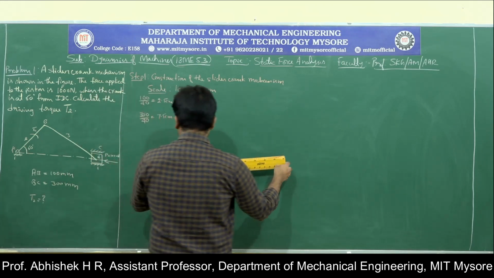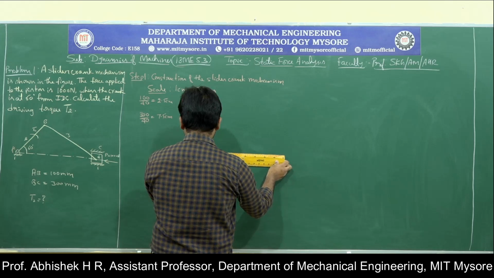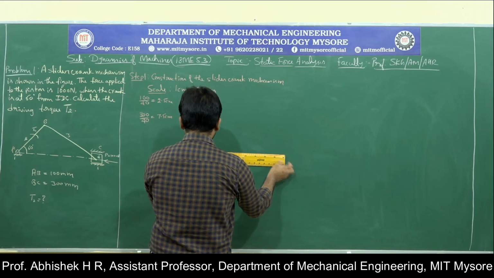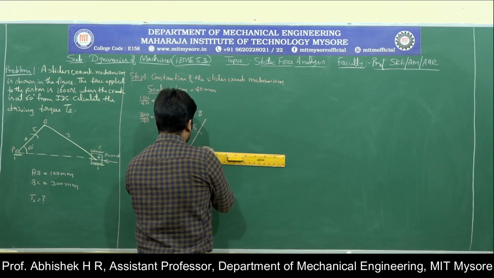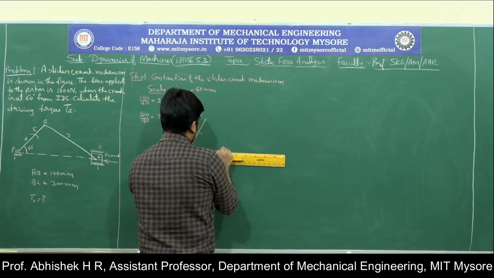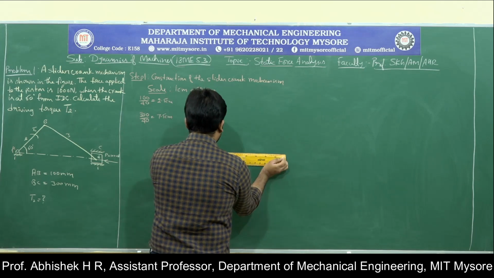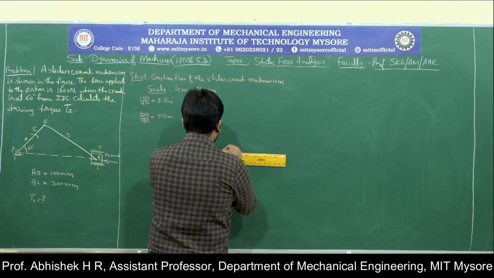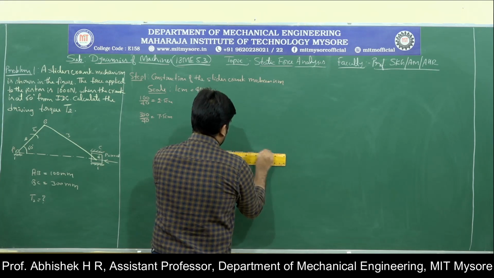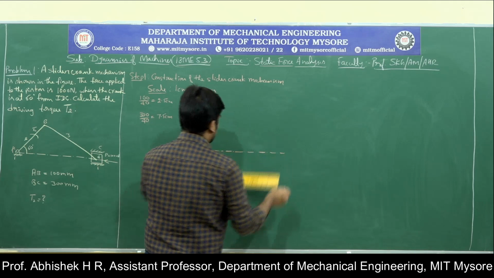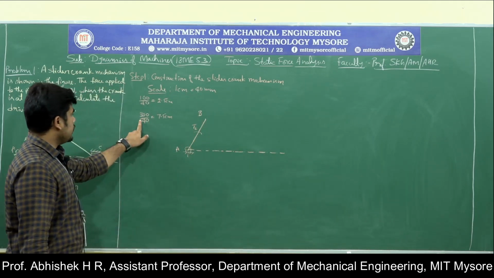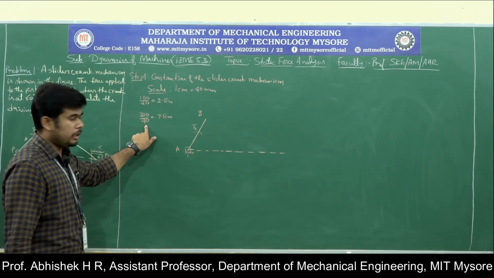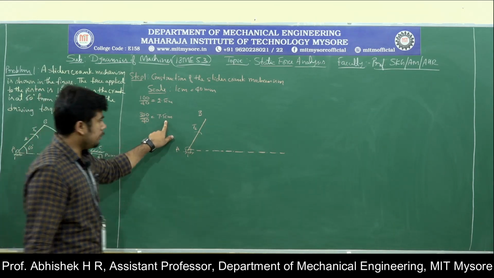Now we don't know the AC value, the link 1 distance value, so just draw a straight line. Then we know the distance of BC, that is 300 by 40, that is 7.5 centimeter.